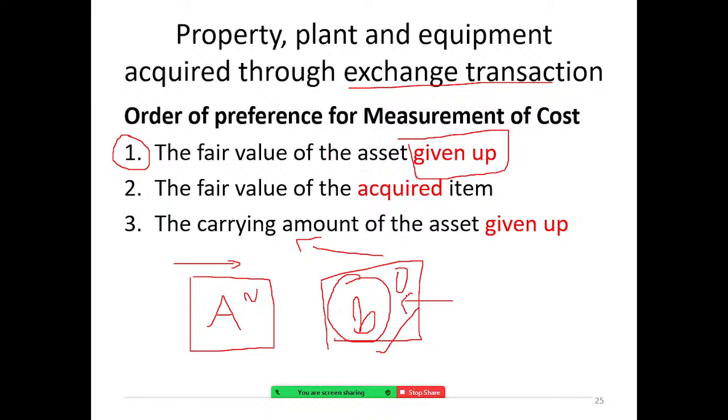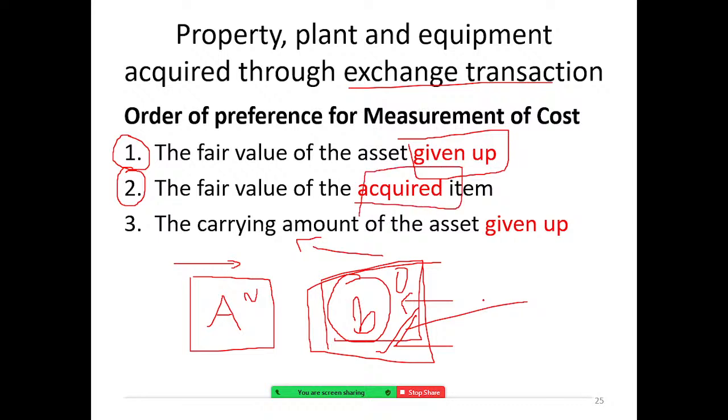And if the entity is unable to reasonably find the fair value of asset B, then they have to choose the second option, the fair value of the asset acquired.